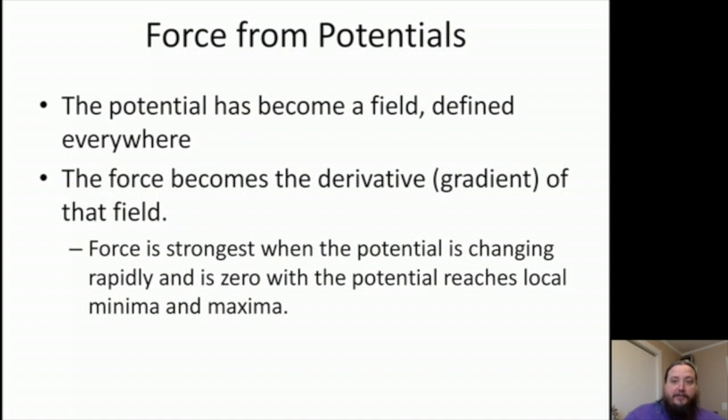So for instance, if we go back to gravitational potential energy, if we turned this into a gravitational potential energy field, what this means is that at this location there is less gravitational potential energy, and as we go up there's more and more gravitational potential energy.